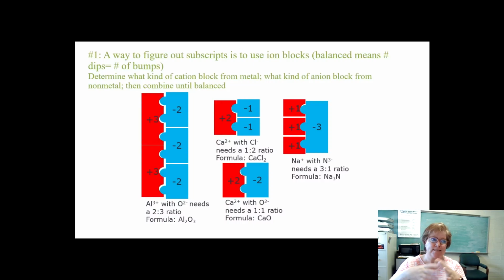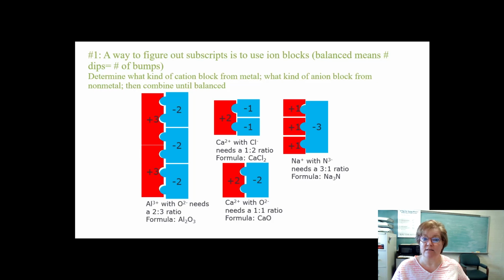Another way of drawing that same general idea is to use something called ion blocks. So I've created some ion blocks with +2, +1, +3, and the negative ones. But again, the first part is you need to say which elements am I using and what is their charge.